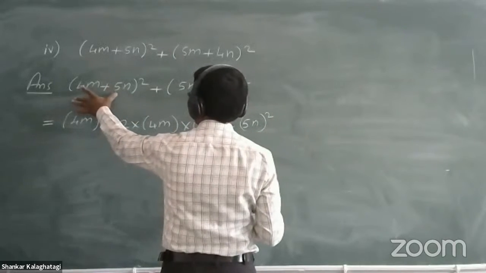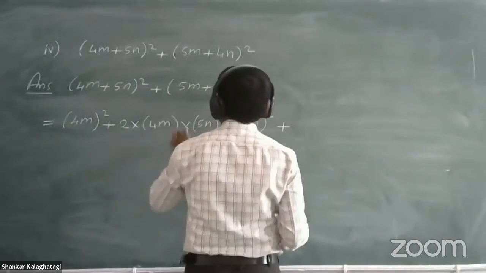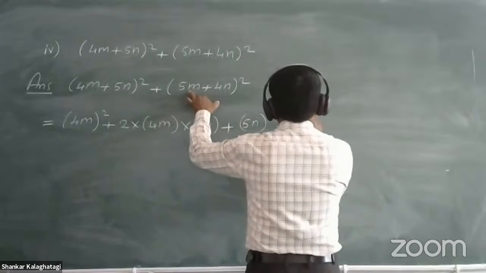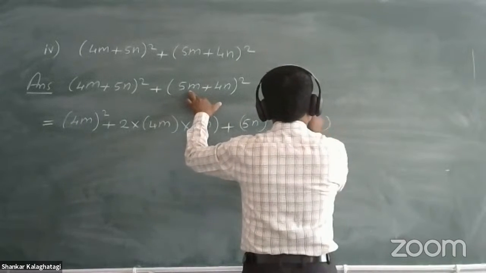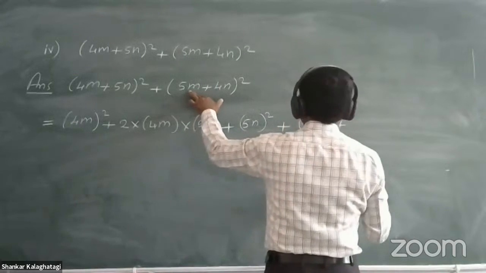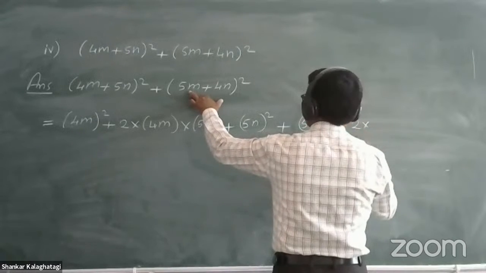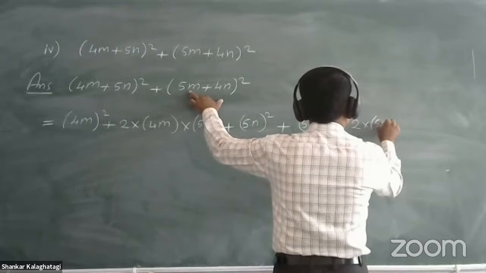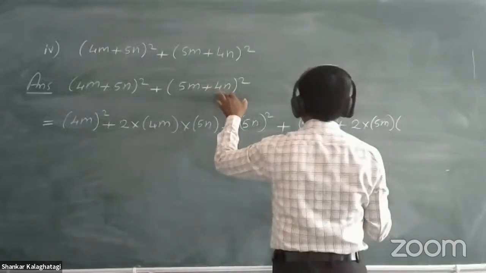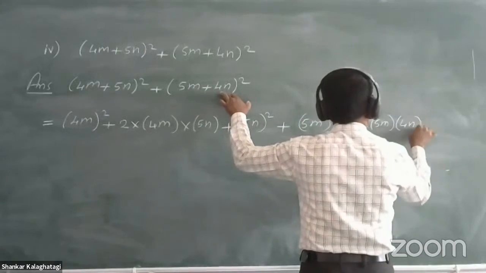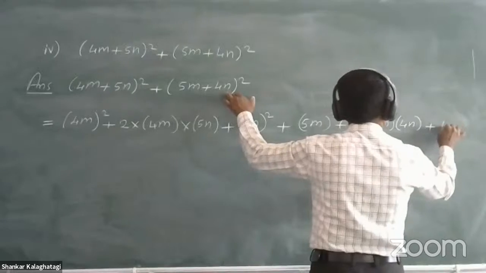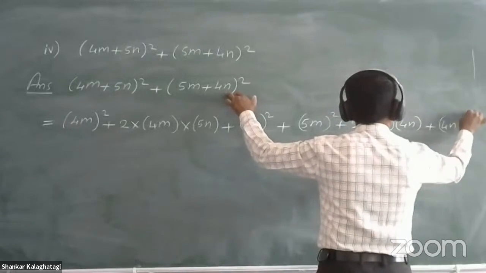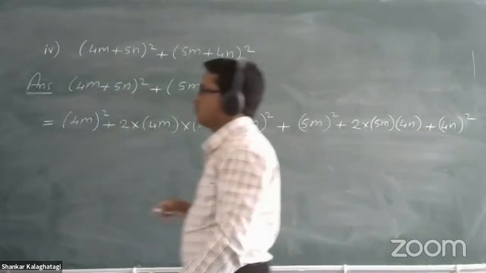This first expression is over, plus this one: (5m)² first term square, then 2 times first term 5m, second term 4n, plus second term square (4n)². Now simplify this.